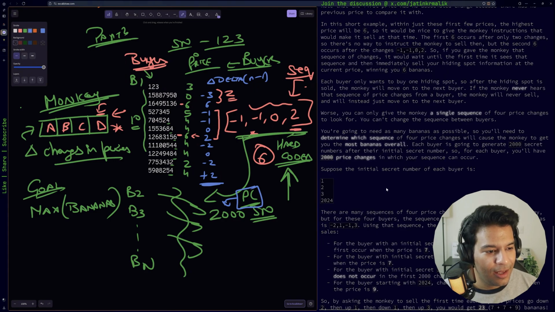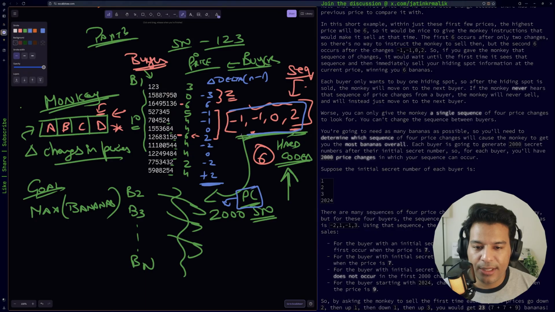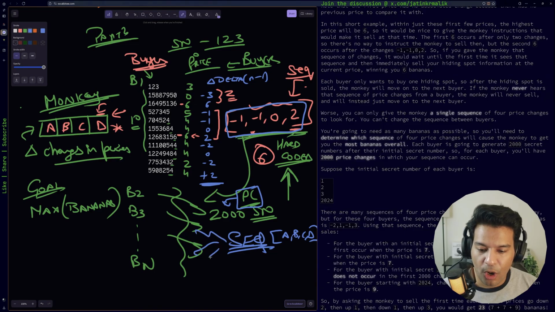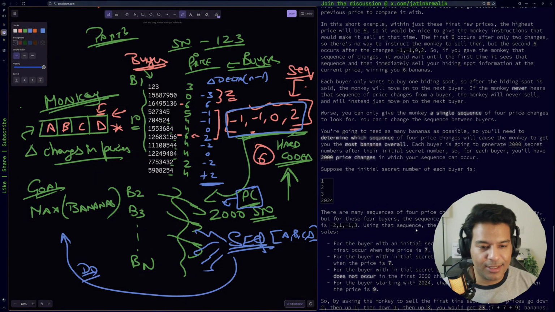And what you have to do is find the one common sequence, the golden sequence that your monkey will look for. So A, B, C, D. And that should apply for all the buyers. That will help us to maximize our number of bananas. This is a really interesting problem.